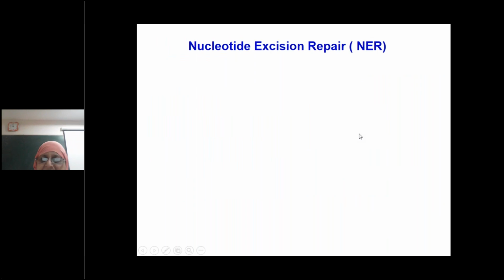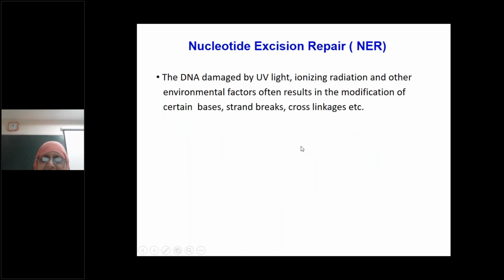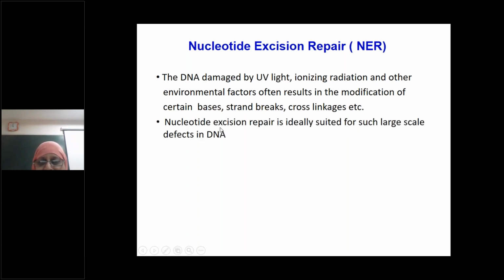Then the next type of repair is nucleotide excision repair. DNA that is damaged by UV light, ionizing radiation, or other environmental factors often results in modification of certain bases, strand breaks, or cross linkages. Nucleotide excision repair is ideally suited for such large-scale defects in the DNA.